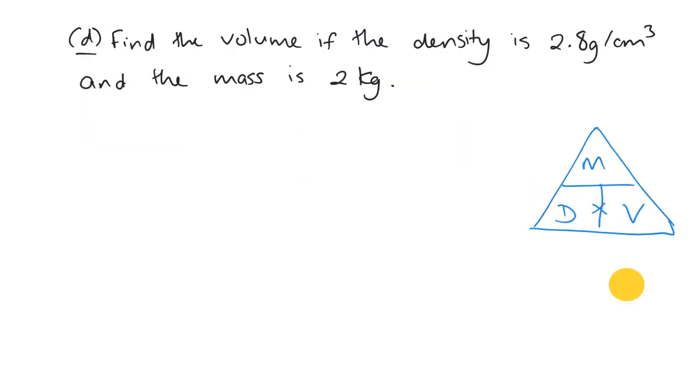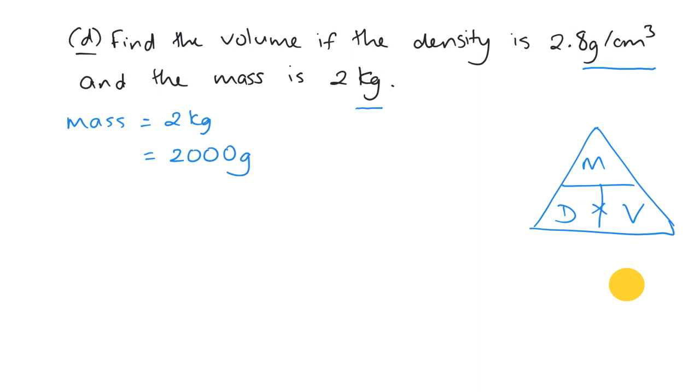And part D, then the only way they can make this more complicated is by giving you units to change. So find the volume if the density is 2.8 grams per centimeter cubed and the mass is 2 kilograms. So those units don't match up. So the first thing we have to do is say, well, if our mass is 2 kilograms, that's the same as 2,000 grams. So that's the first thing you do, is to change the units so they match up.